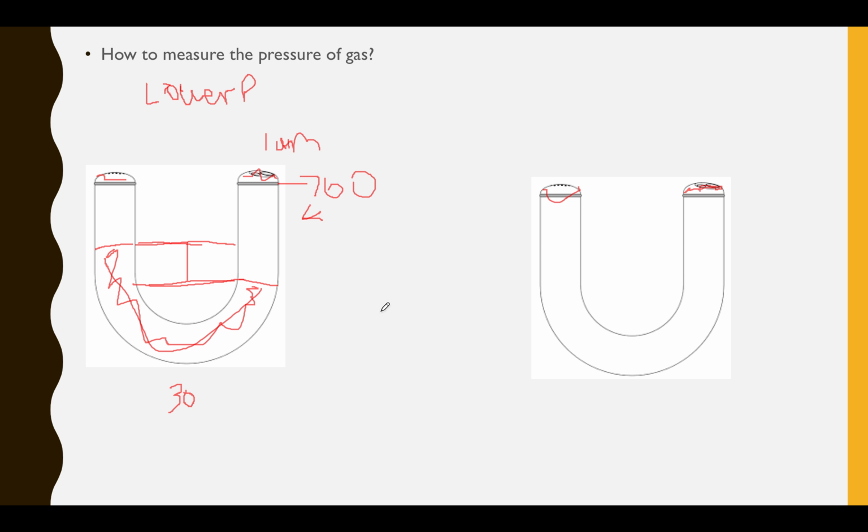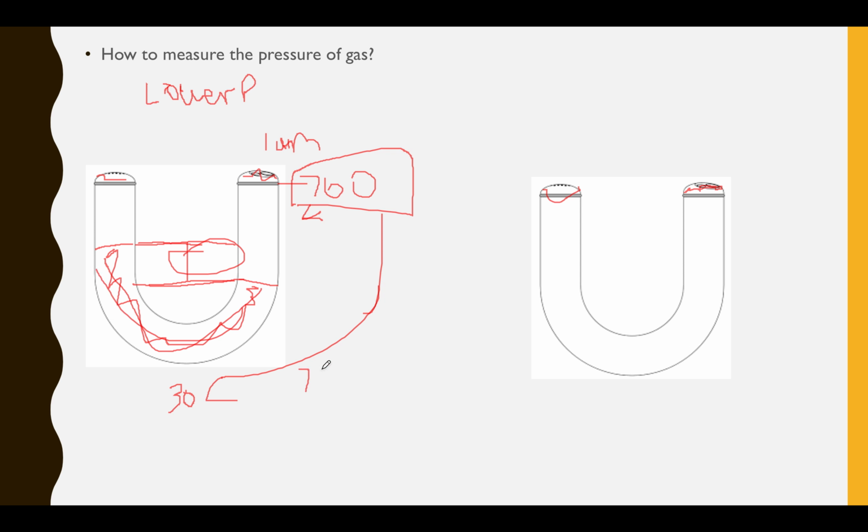When you're working with lower pressure, finding the distance, we take the atmospheric pressure, which is 760, and we simply subtract however much this total distance is between these two.